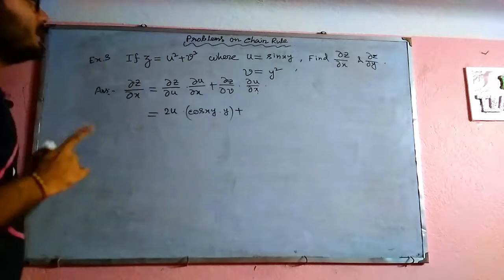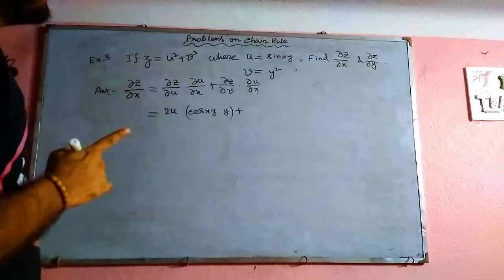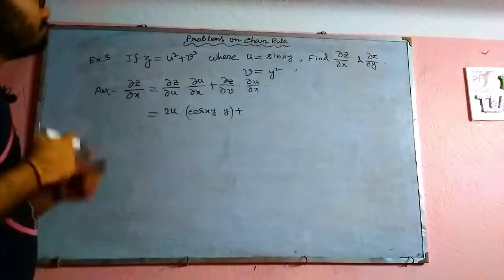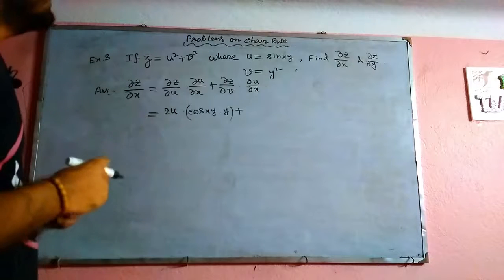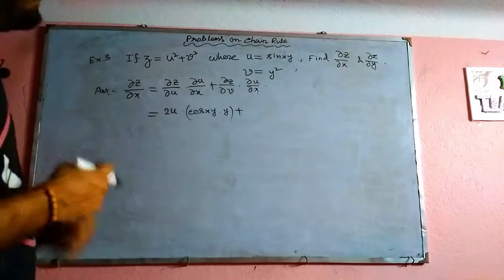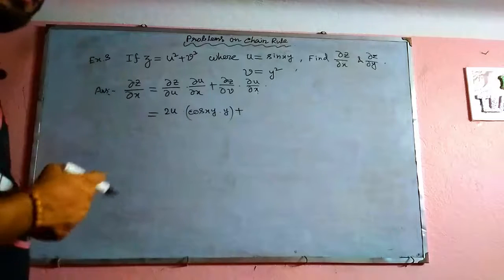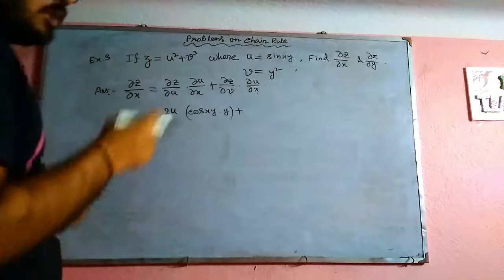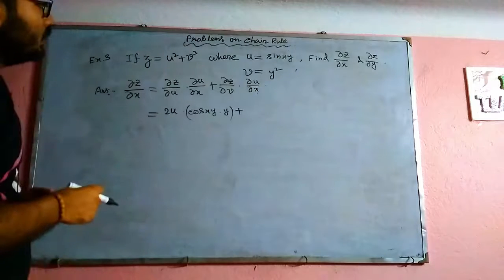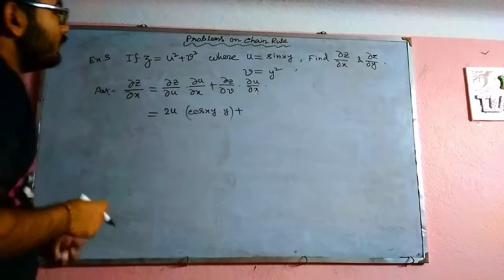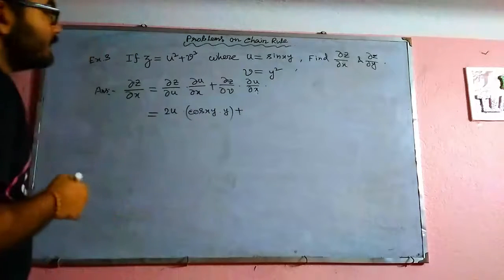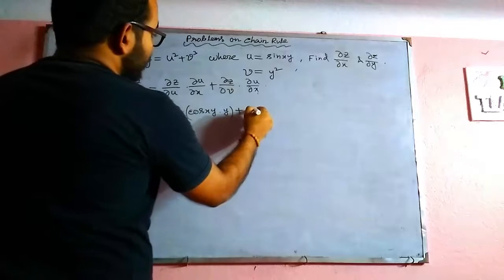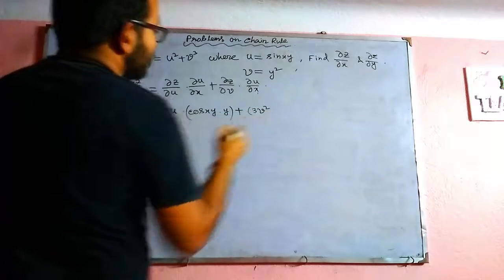Plus, what is del z del v? When we partially differentiate z with respect to v, then we have to keep u as a constant. So del z del v is 3v square.